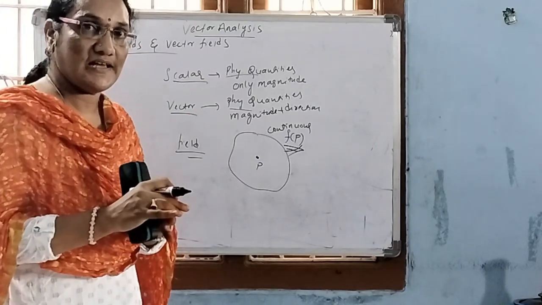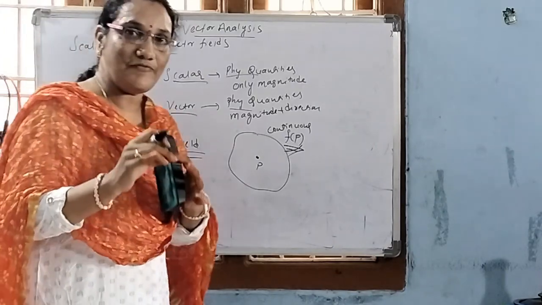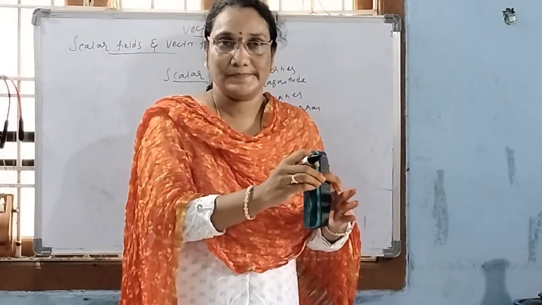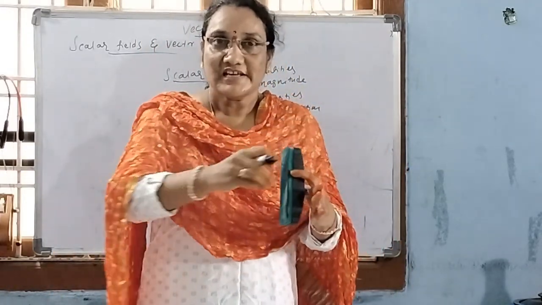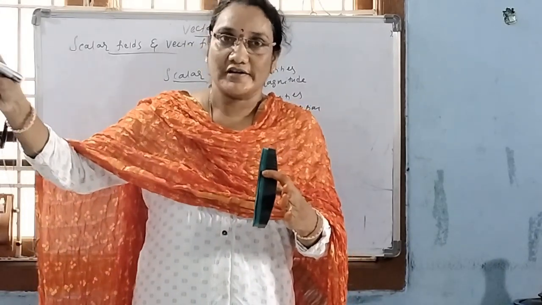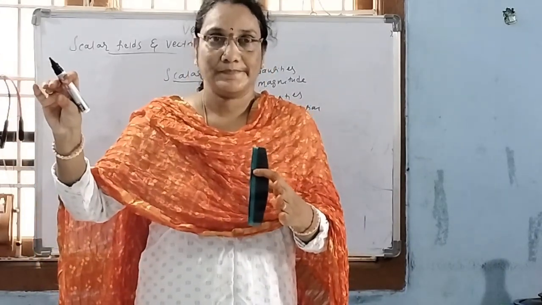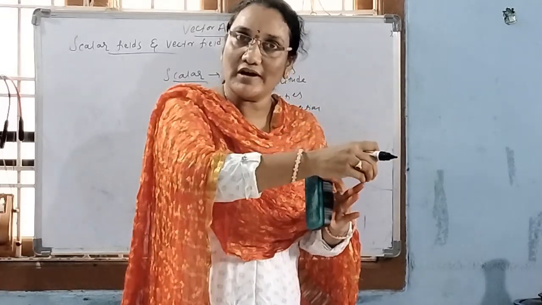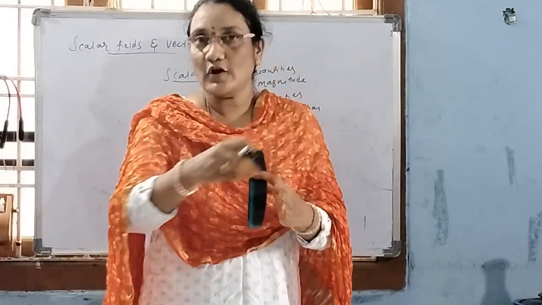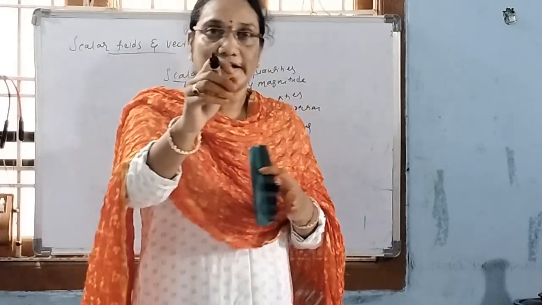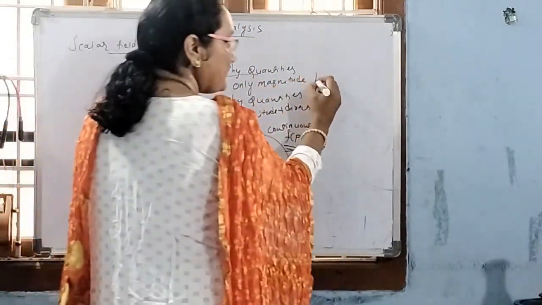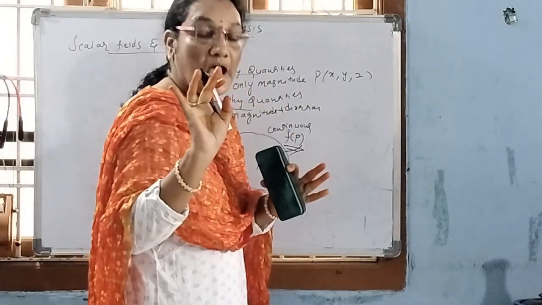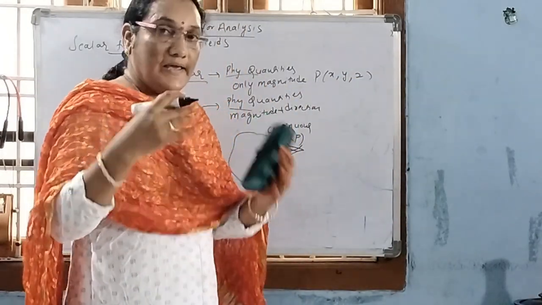To understand this, let us take the example of a rod. If you heat the rod at one end, that heat spreads throughout the rod along its length. So the temperature of the rod changes from one end to another along the length of the rod. Now, here the position is x, y, z. T is the temperature.